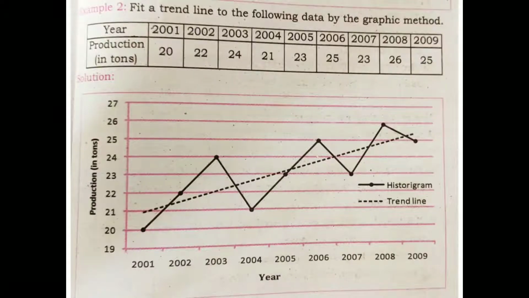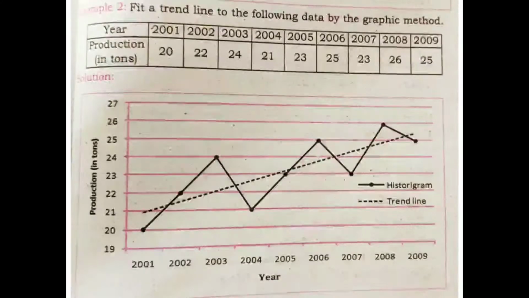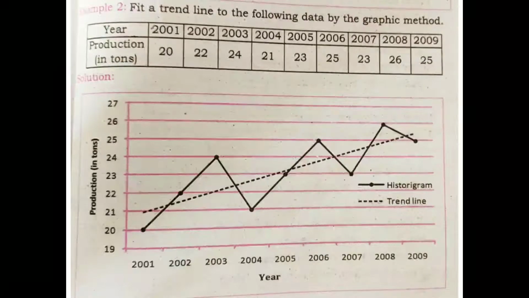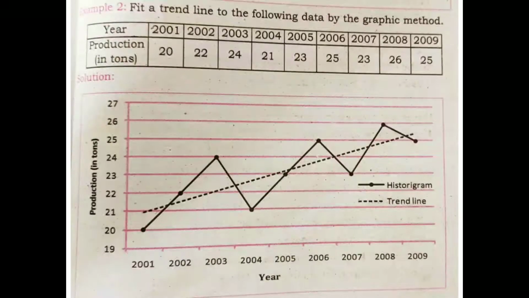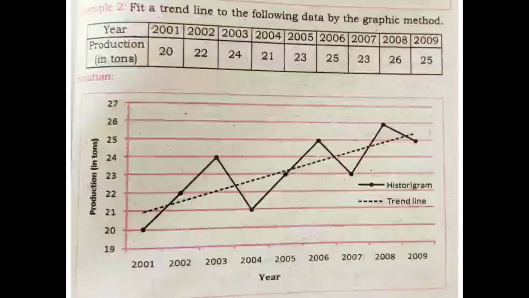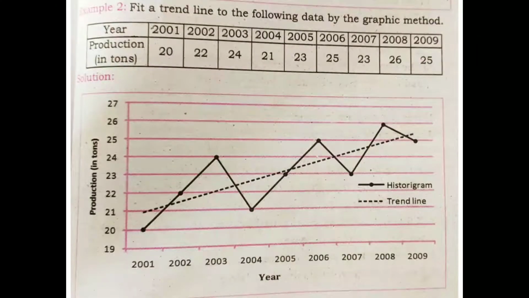See that the curve is smooth. You can observe that the curve is smooth. Second, you should have an equal number of points above and below the curve. Above the curve, there are 1, 2, 3 and 4 points, and below the curve you can find 4 points. So you can draw the trend line after that.